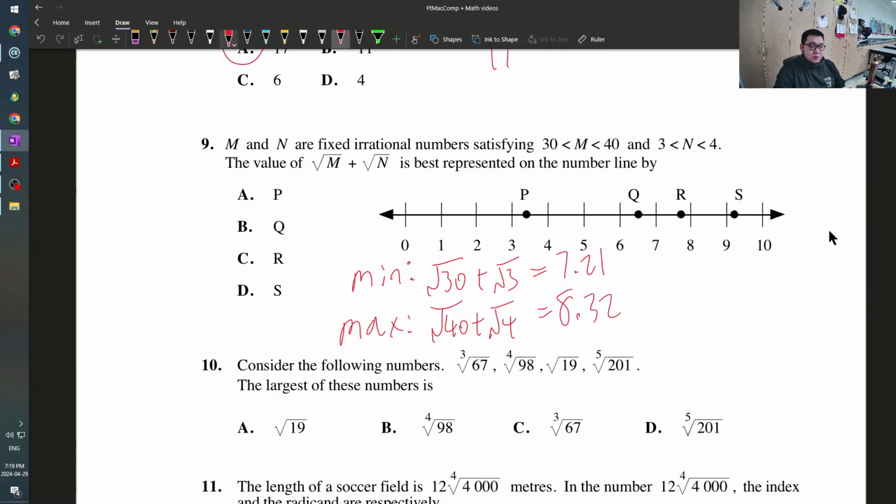So the number must be between 7.21 and 8.32. Okay, so what is the number in between? Well, the only choice is C.